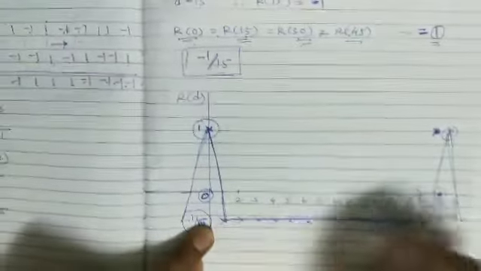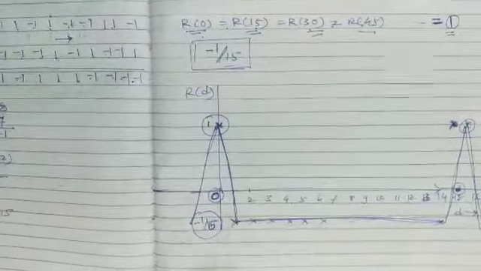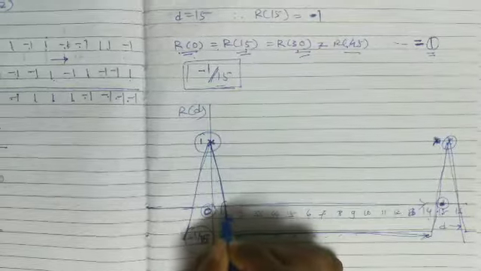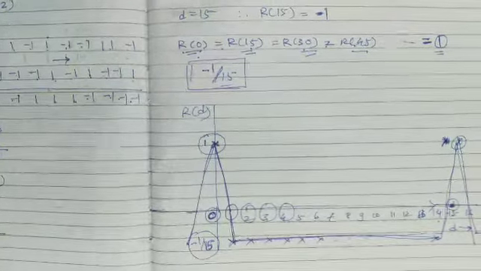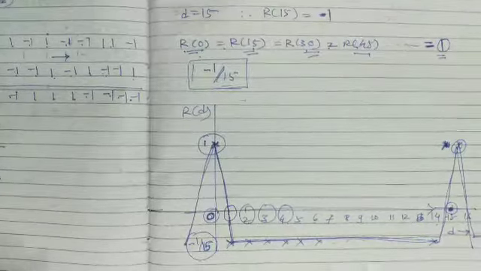Now coming back to the autocorrelation property, we are getting the value 1 at 0 and 15. The inference of this is that we can get other sequences by rotating the PN sequence.